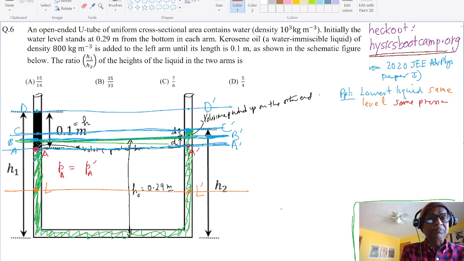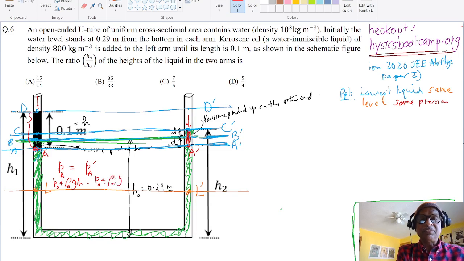PA is atmospheric pressure plus the pressure of the fluid above it, so this is atmospheric pressure P0 plus rho of oil times g times H. On this side, atmospheric pressure comes all the way down here, not just D and D prime, but all the way to C prime, and then this much water. So P0 plus rho water times g times 2D, 2 times D.